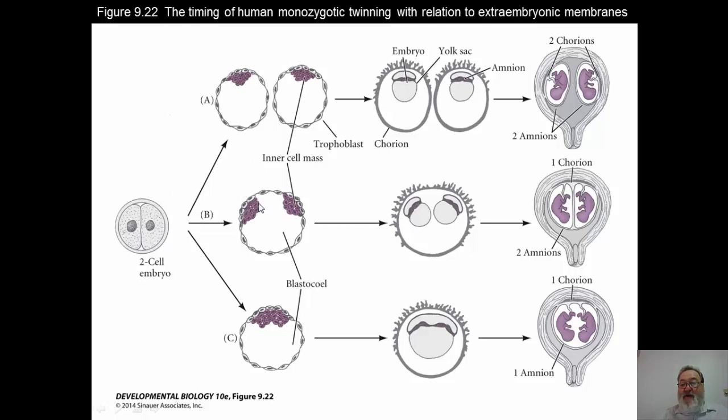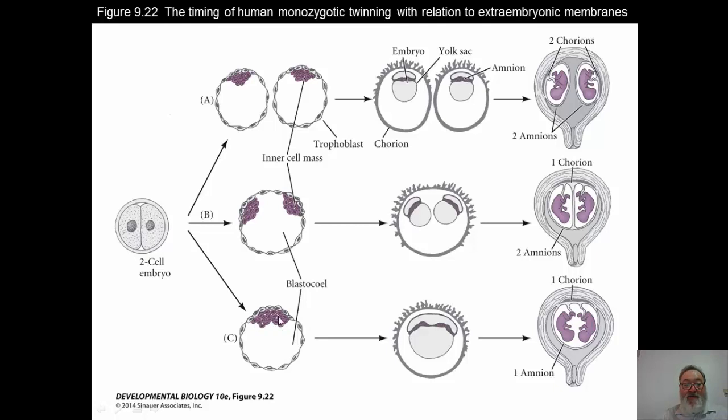If the splitting takes place a little later, let's say that it takes place after they're within that trophoblastic ring, then both will end up on the inside of the chorion, and they will have separate but joined placentae, and they will again be in separate individual amnions, but they will be in a single chorion.